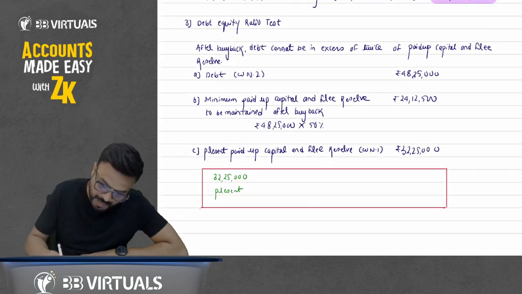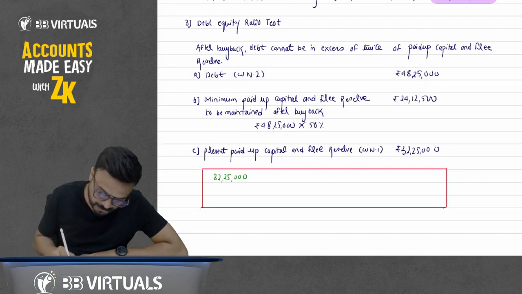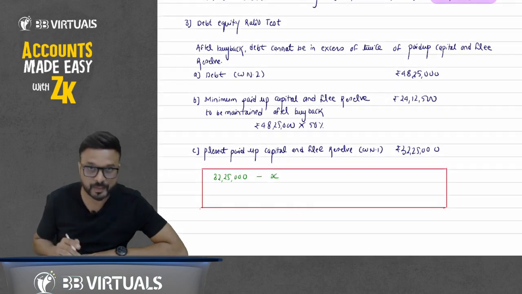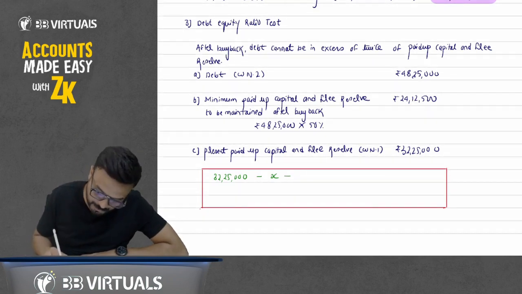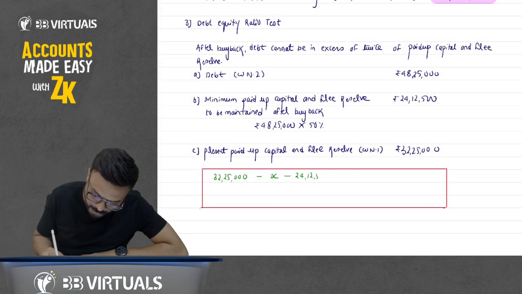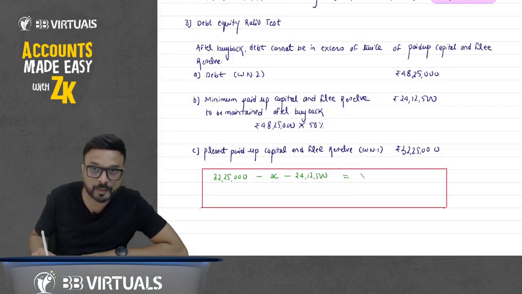Okay. Now what happened? Out of this 32,25,000, some will be transferred to CRR. To CRR, I call it X. And some should be maintained. Minimum it should be maintained. How much should it be maintained? 24,12,500. And the remaining I can utilize for the purpose of buyback.